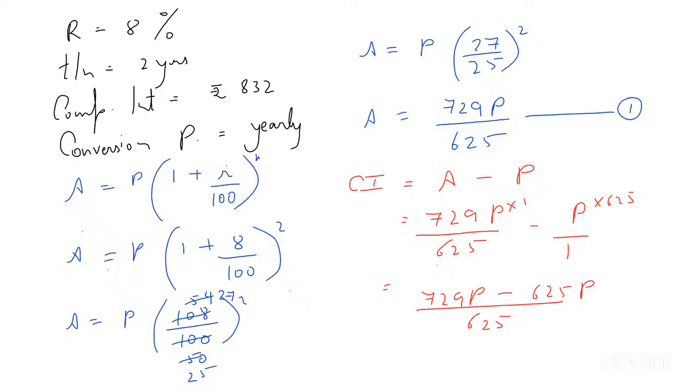CI is how much? 832. So 832 is equal to 104P upon 625.